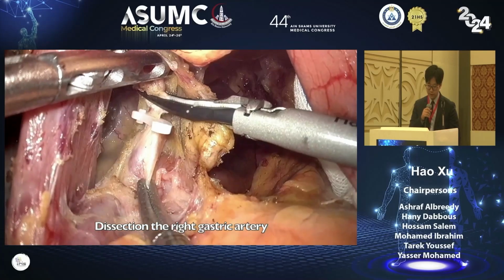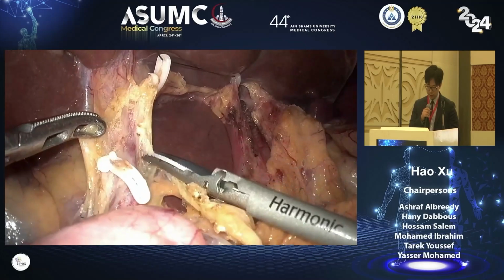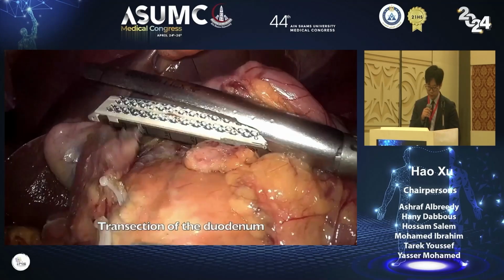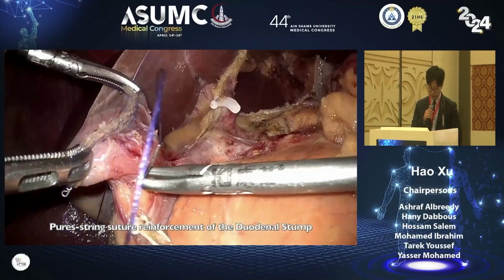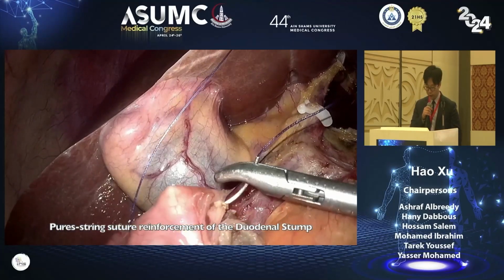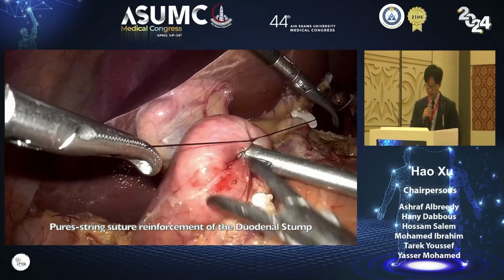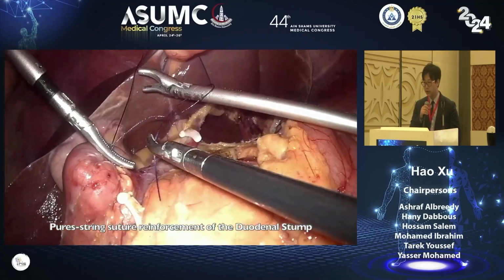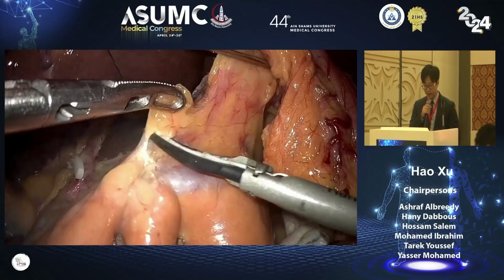Then we cut it and transect the duodenum. Then we use a thread to make a purse-string for the reinforcement of the duodenal stump. It is easy with the cooperation of the operator and the assistant to prevent the leakage.